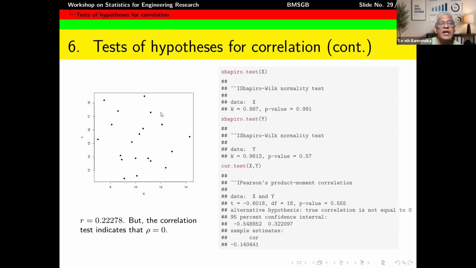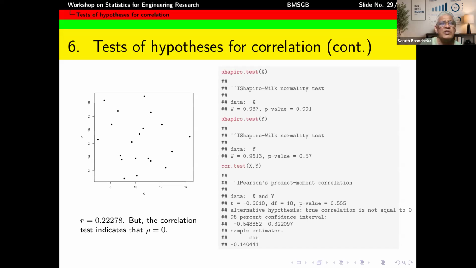But remember that test is valid only if X and Y are jointly bivariate normal, right? So there are tests to check whether the XY points in your sample are bivariate normal. But most of the time, people only look at whether X is normal separately and Y is normal separately.